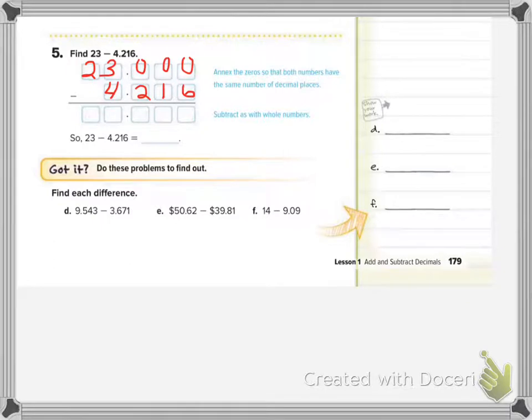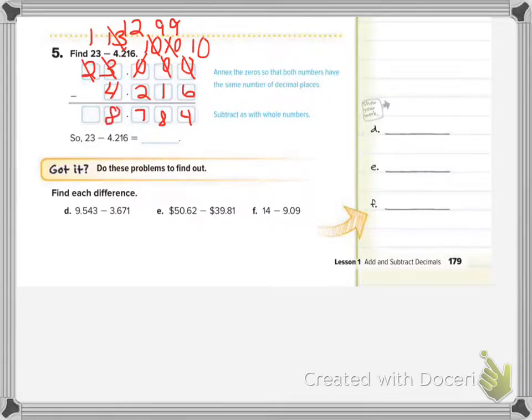Once we subtract, we have to borrow and borrow. That becomes 1, 13. Now we can borrow from the 13, make it a 12, 10. We can borrow from the 10, make it a 9, 10. Borrow from the 10, make it a 9, and 10. So now we can subtract. 10 minus 6, 4. 9 minus 1, 8. 9 minus 2, 7. 12 minus 4, 8.